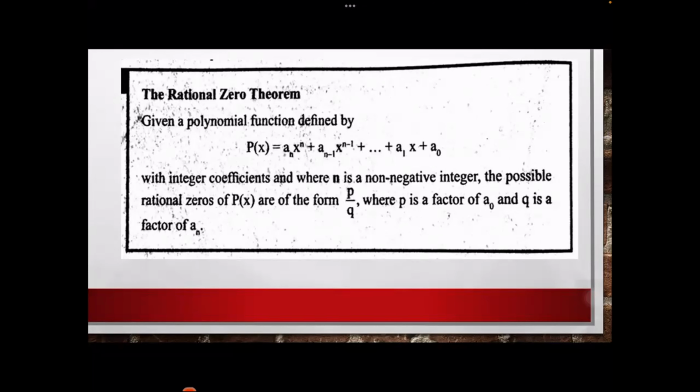Okay, so let's have the rational zero theorem. Given a polynomial function defined by P of x is equal to a sub n x to the n plus a sub n minus 1 up to a sub 1 x plus a sub 0. In short, ang pagkakaiba ng rational zero theorem doon sa nauna, meron na siyang p over q.